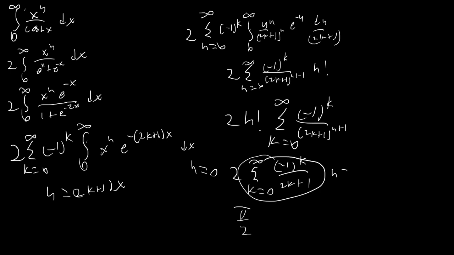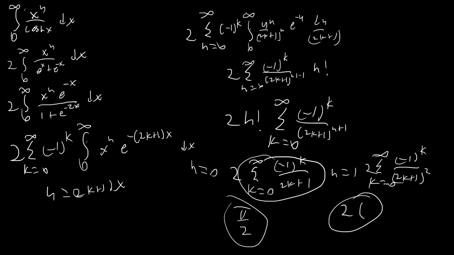And for n equals 1, we get 2 times the sum from k equals 0 to infinity of -1 to the k over 2k plus 1 squared. And this is known to be Catalan's constant, so this just ends up being 2 times C, where C is Catalan's constant. So those are really the only ones that we can evaluate well.